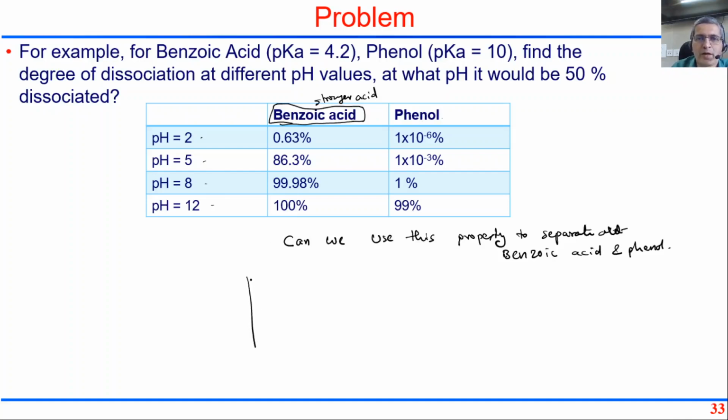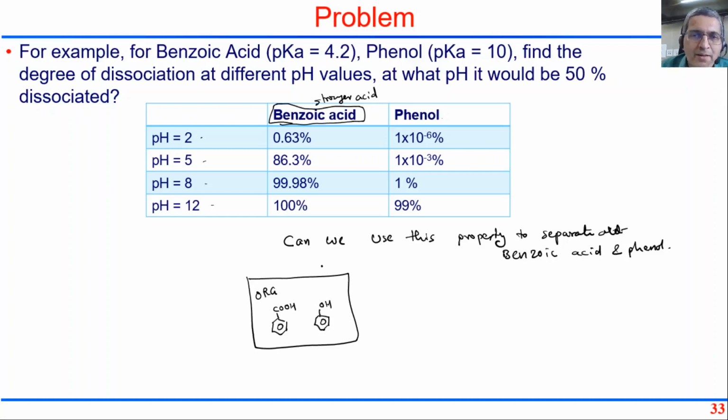So suppose I have an organic phase containing benzoic acid, COOH, and let's say phenol.